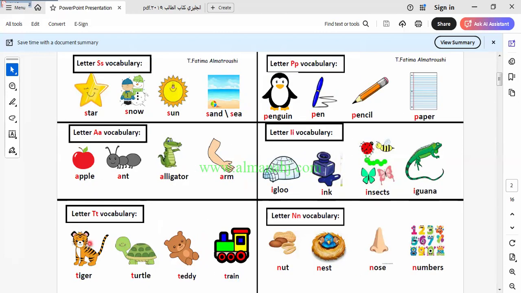I will repeat, and repeat after me. Here we have tiger, turtle, teddy, and train.